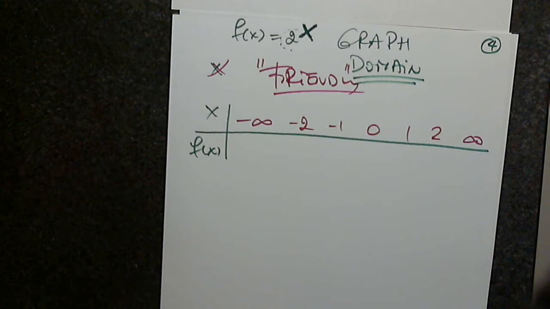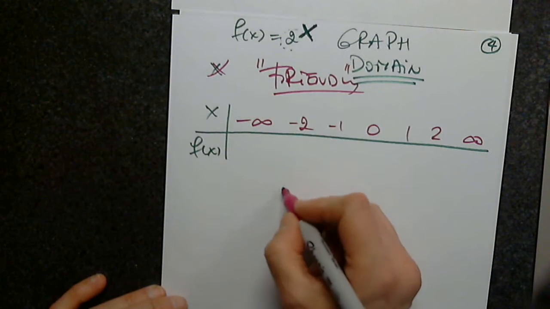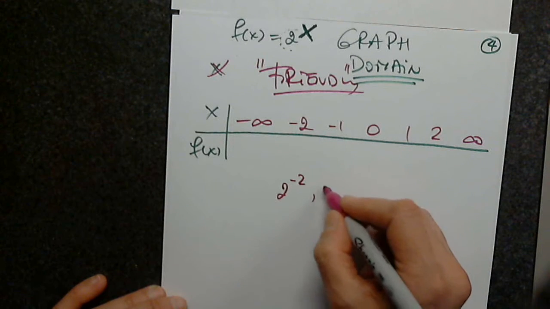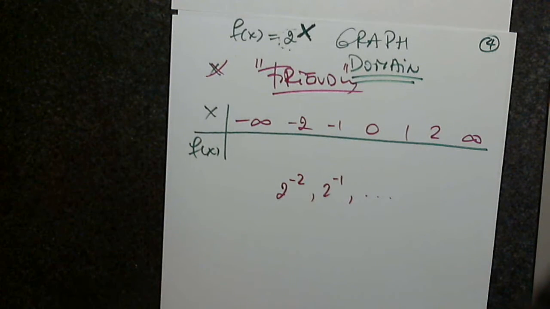Well, let's take a moment and plug in -2 and get 2 to -2, plug in -1, and so on and so forth. So how much is 2 raised to -2? Did not say a negative number. The power does not make the number negative.